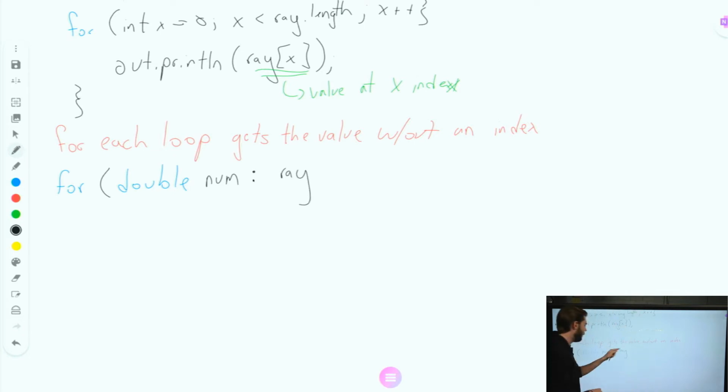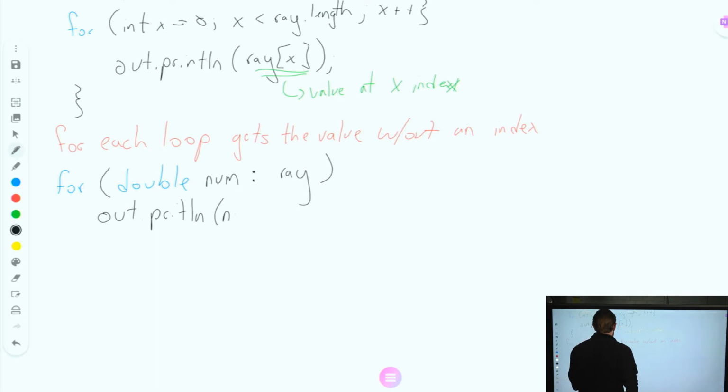So our num from Ray. And then it will automatically pull out each number in a row. So instead of saying out.println ray of x, all I have to write is out.println of num. These are equivalent statements. So these two are equivalent. Same thing. You can do either one of them.